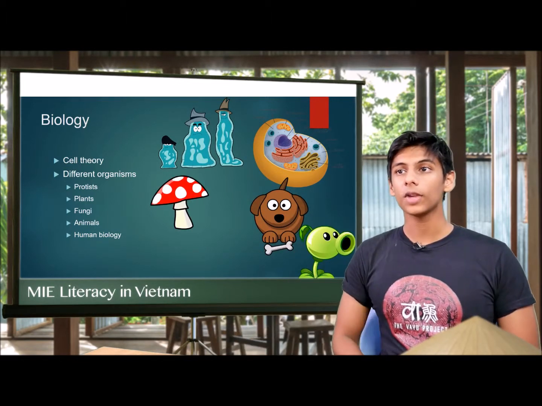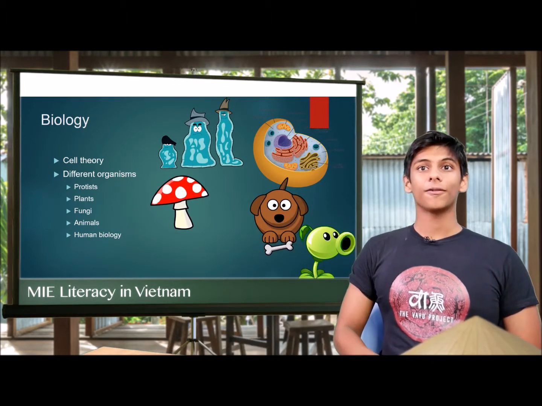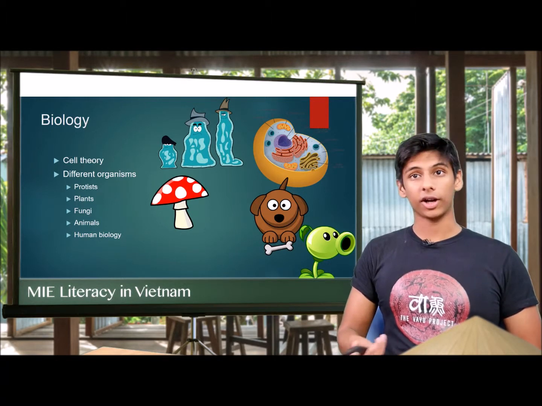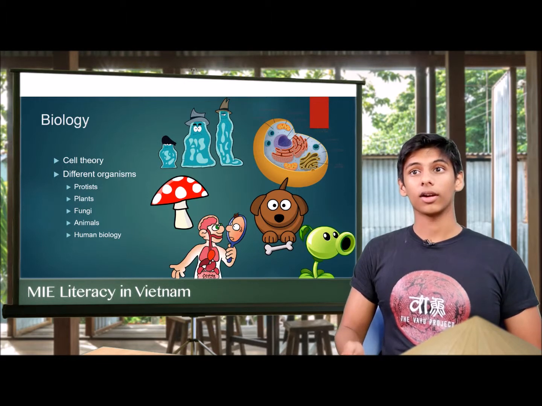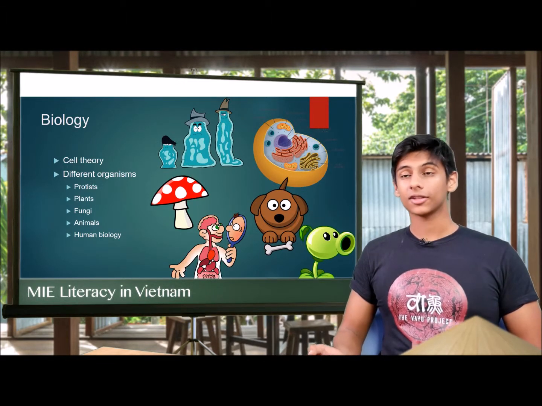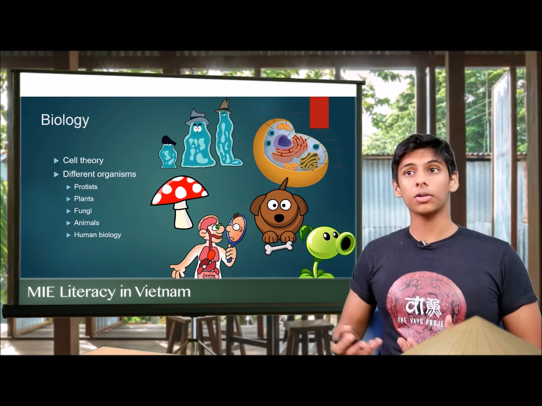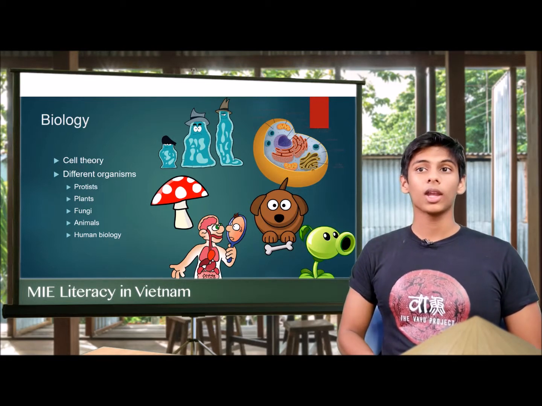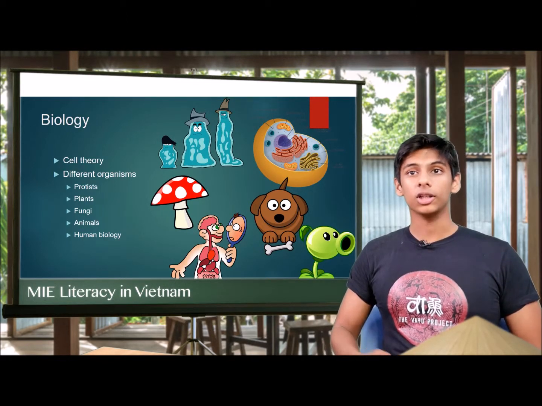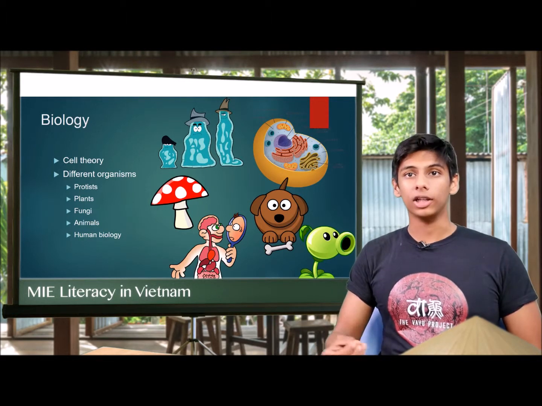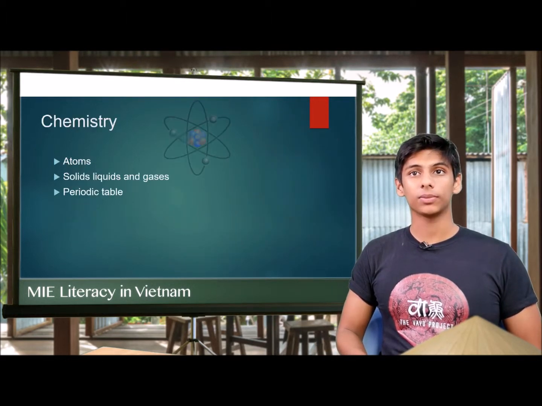For example, we have plants, fungi like mushrooms, which you might have eaten before, and animals such as dogs and cats, right? Now, human beings, like you and me, are also animals of different kinds. And we also study the human body as part of biology.